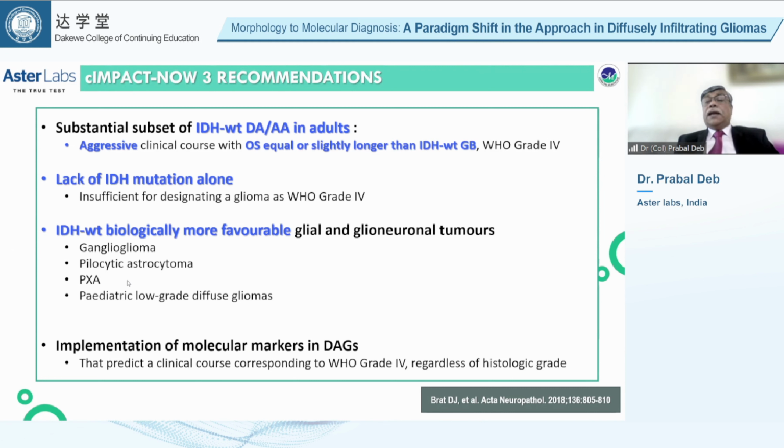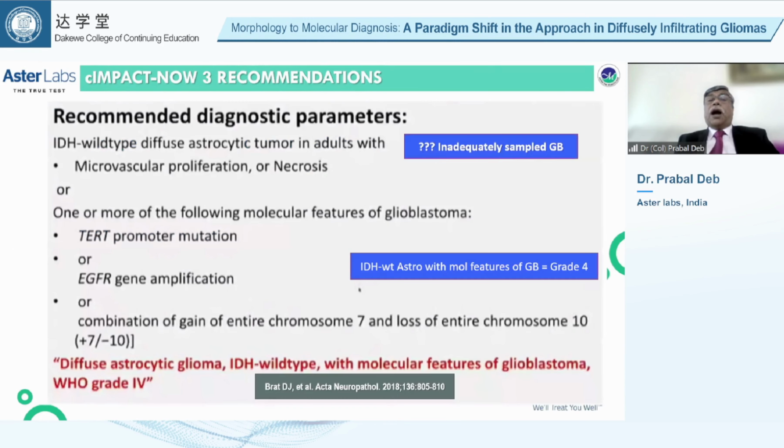Now, there are certain glial and glioneuronal tumors which were IDH wild type but had a very favorable biology, like ganglioglioma, pilocytic astrocytoma, PXA, and pediatric low-grade gliomas. So it was important that implementation of molecular markers in diffusely infiltrating gliomas and these astrocytomas grade 2 and grade 3 is essential for understanding these tumors.